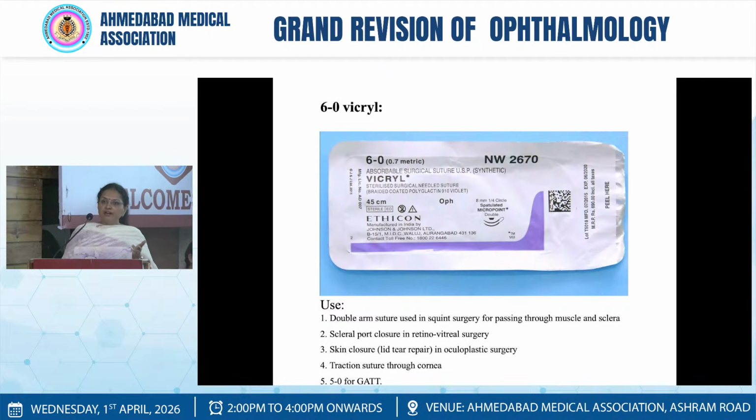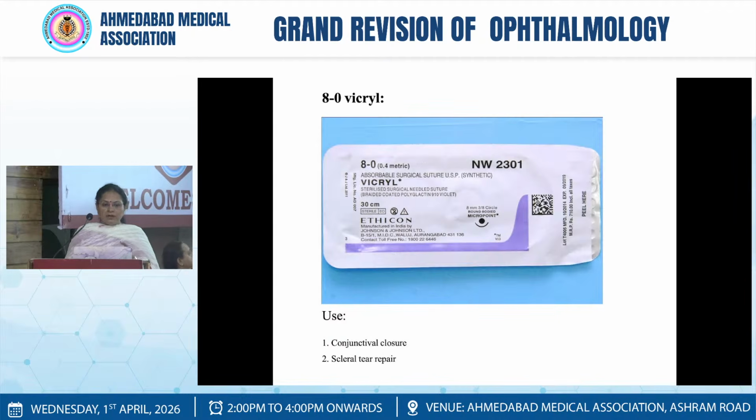Then there are different types of suture, like 6-0 Vicryl suture. It is used in squint surgery, vitreoretinal surgery, oculoplasty surgery. We can take the traction suture, and nowadays in children we have to pass this suture in the Schlemm's canal. 8-0 Vicryl.